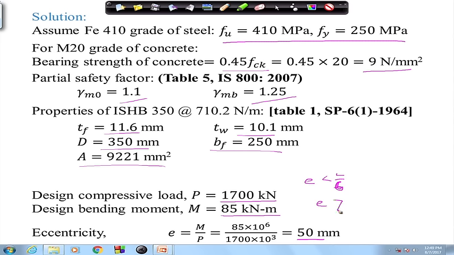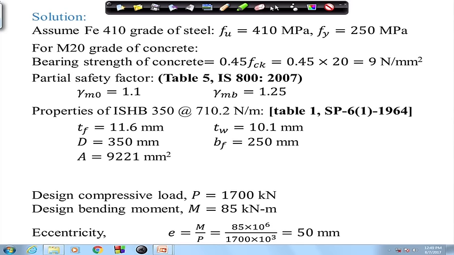Accordingly, the pressure will be calculated, meaning the bearing pressure from the concrete. As moment is there, the pressure will not simply be P by A. We need to find out the pressure from moment as well. This we will see here.